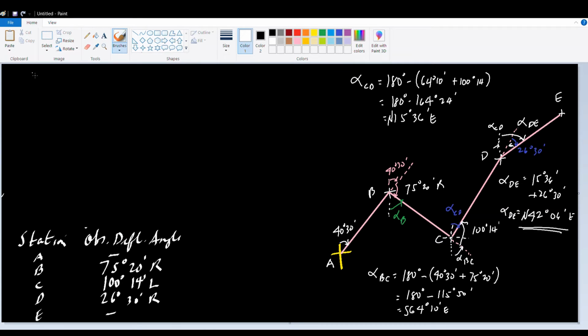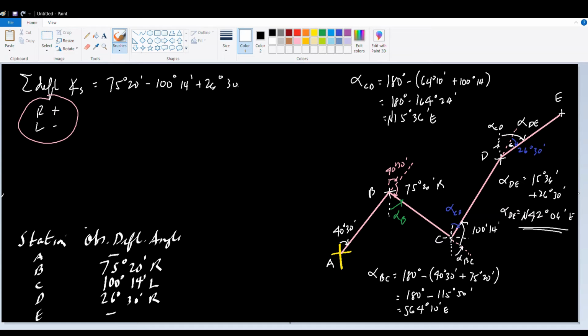Let us add up all the deflection angles. Right positive, left negative. So 75°20' minus 114 plus 26°30'. That will be 101°50', minus 114.